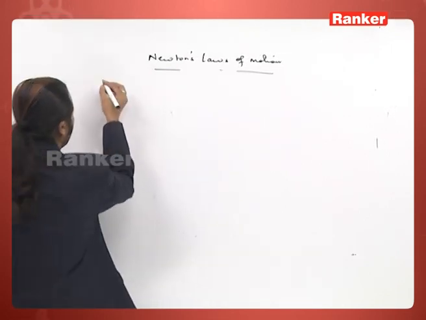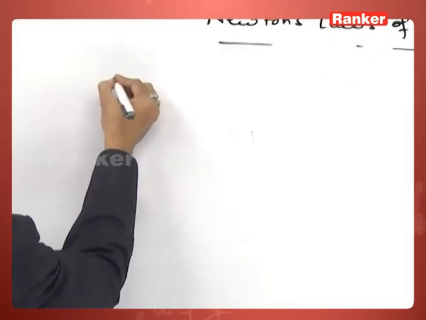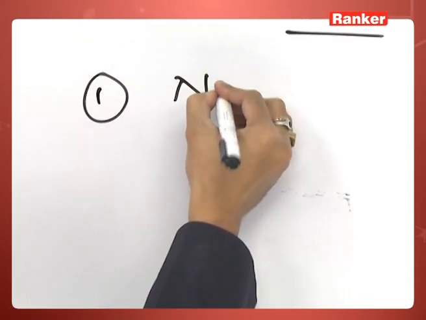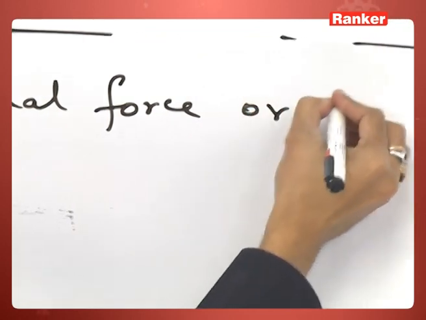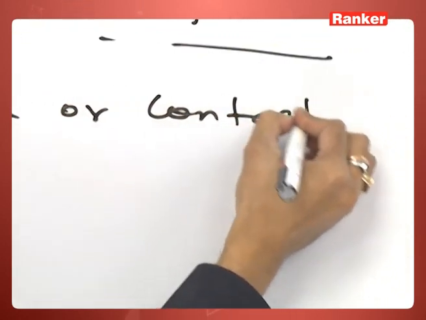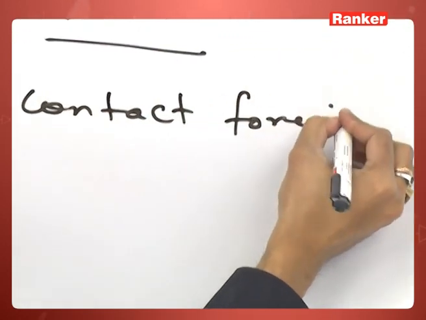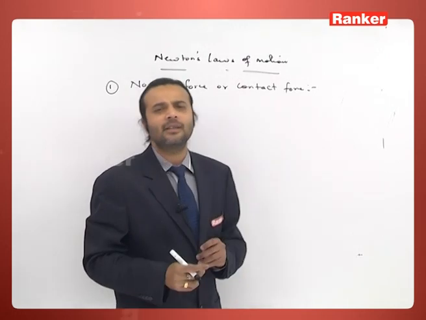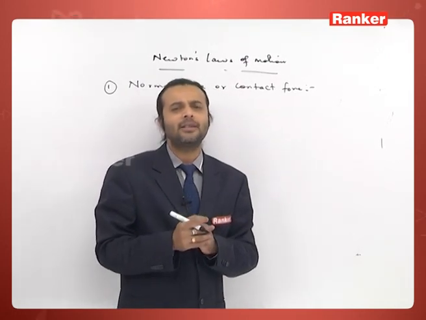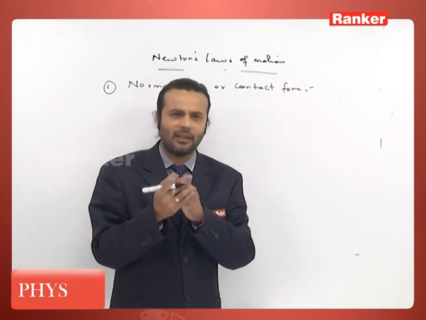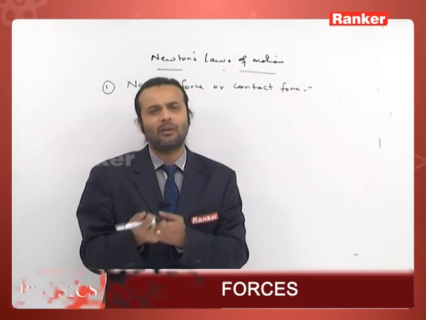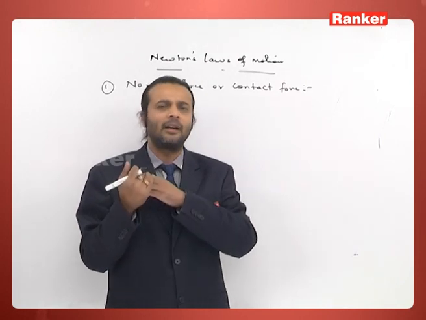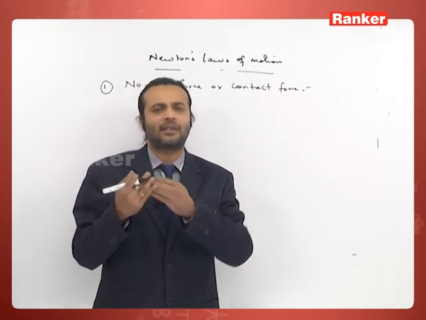Let us have number one, normal force or contact force. This force arises when a body is in contact with another body, or a body is in contact with the ground, a ground is in contact with a stake.